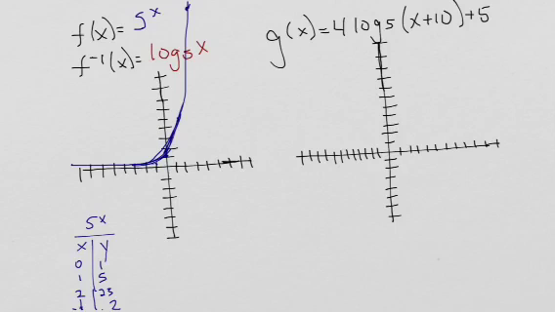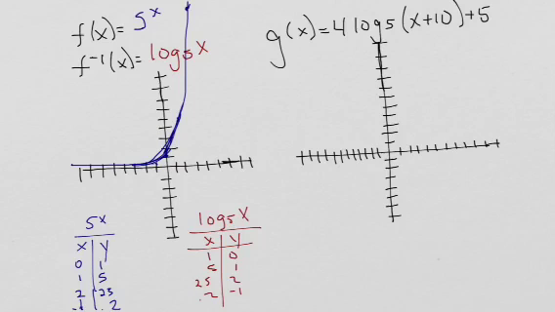Then I want to do my inverse graph of log base 5 of x. And I'm just going to make an inverse table. So (1, 0), (5, 1), (25, 2), and (0.2, -1).